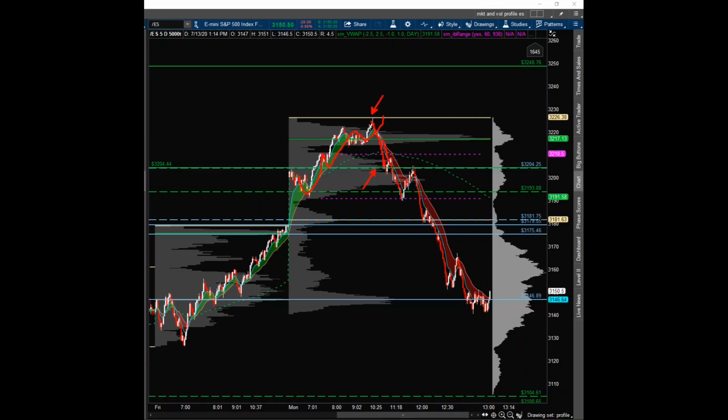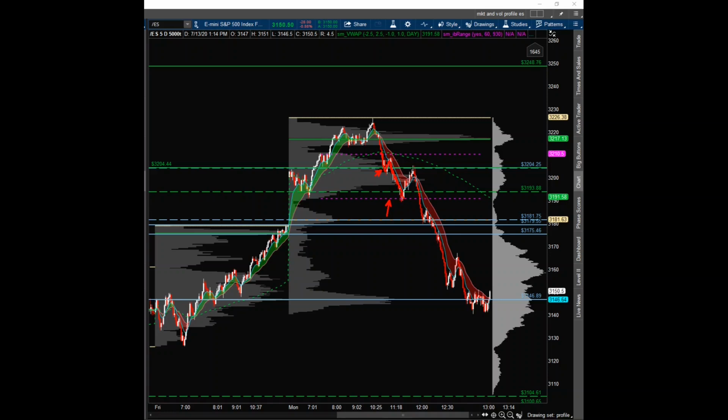So now when it comes back down, we expect it to test for support. What was resistance becomes support, and what was support becomes resistance. So we saw this chop around here, right around this overnight high. Then we're basically looking for the IB low to get tagged, not necessarily breached.